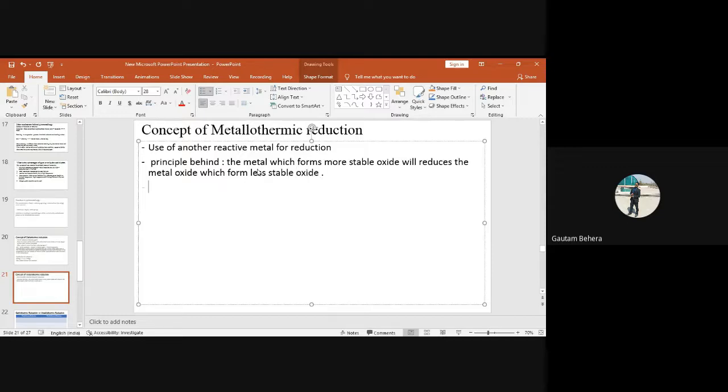In other words, I can write the reaction like this: M1O, M1 metal oxide, plus M2 metal will give you simply M1 plus M2O, right? So it's a simple reaction you can write.